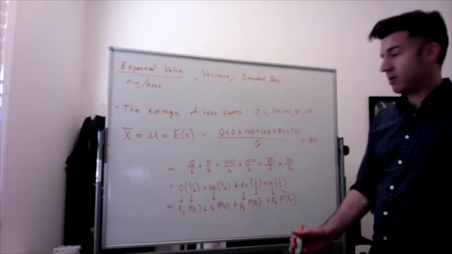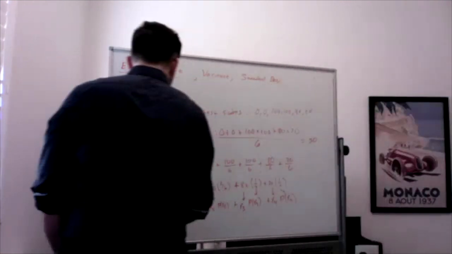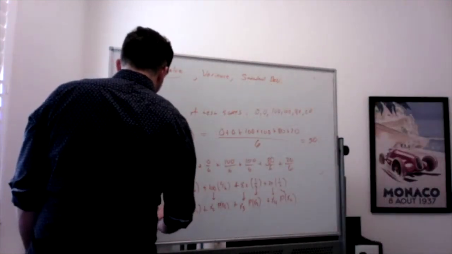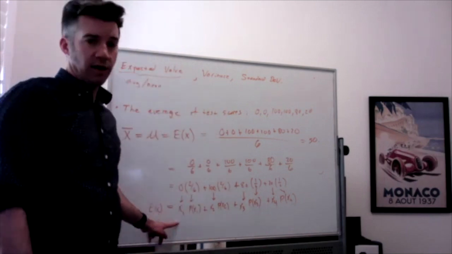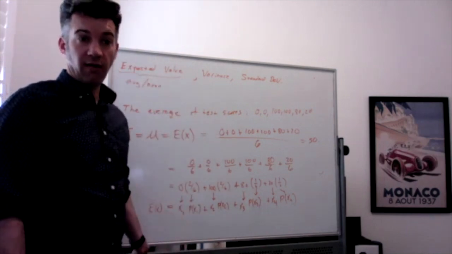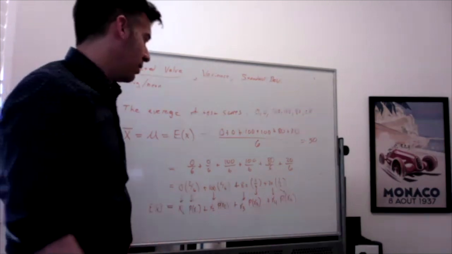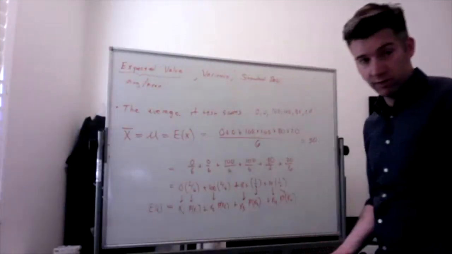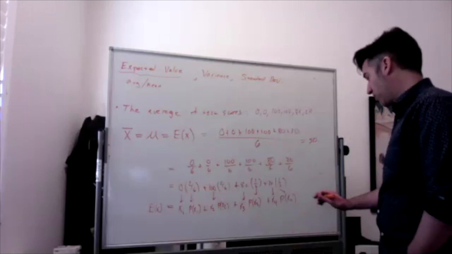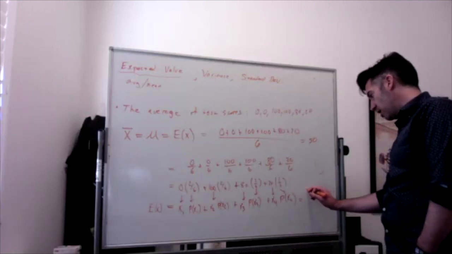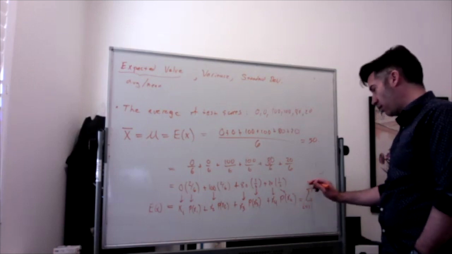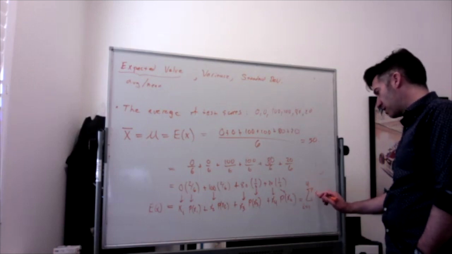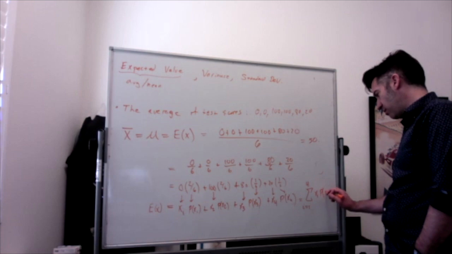So when you're writing the expected value of something, a more general way of writing it is each possible value times the probability of that value occurring. And we often use sigma notation, summation notation, where you write it as the sum from i equals 1 to 4, in this case, of x sub i times the probability of x sub i.